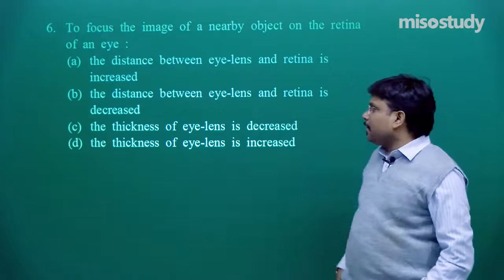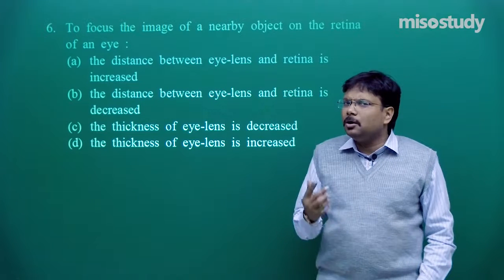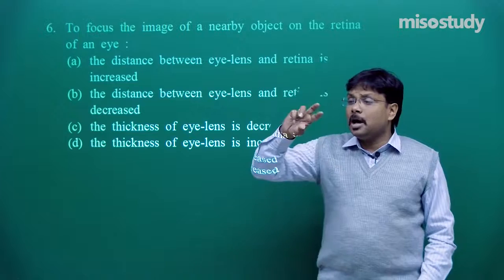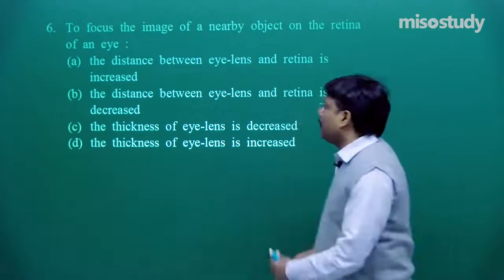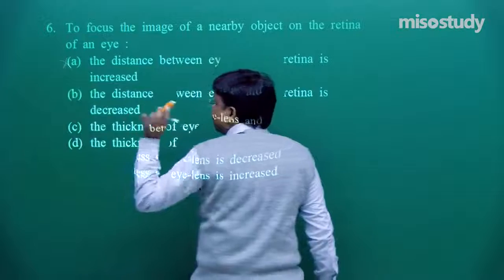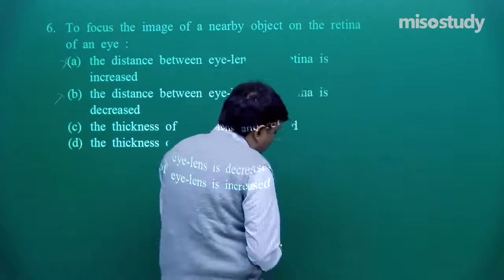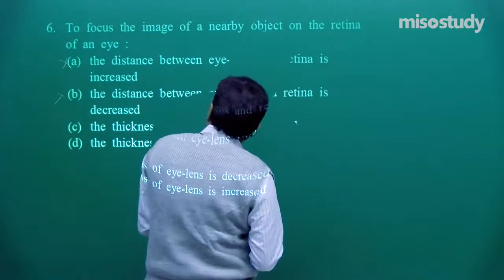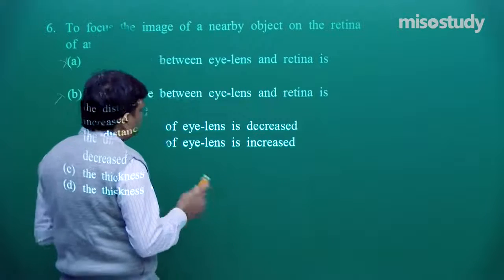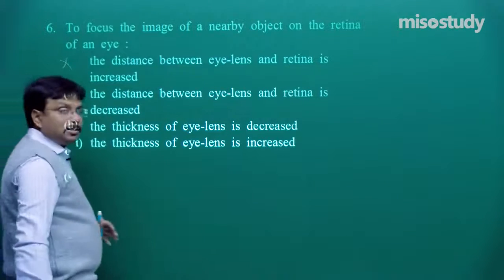So up to some extent these 2 points are showing some possibility on the basis of my knowledge of this changing focal length. So A is not applicable, B is not applicable, now about C and D let's discuss this situation. It is that the thickness of the eye lens is increased.